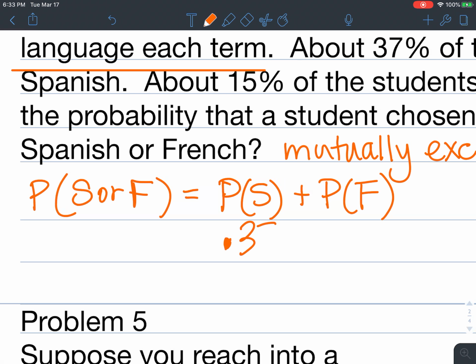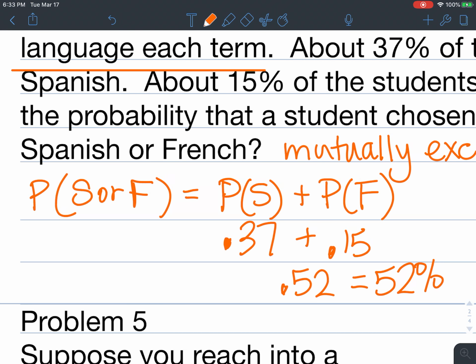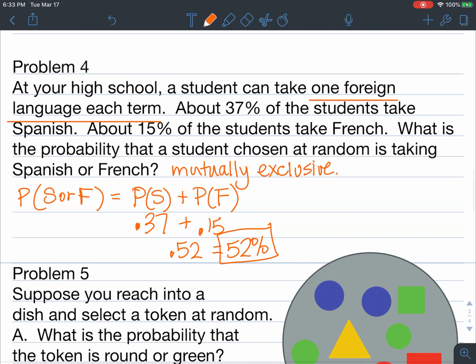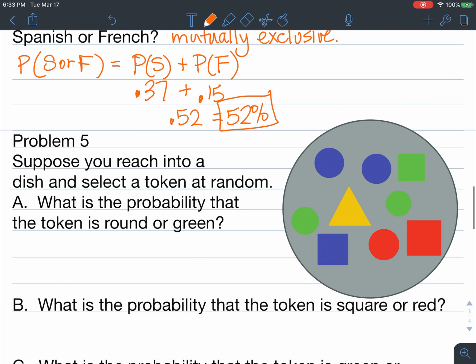Spanish was 37%, French was 15%, so that's a total of 52%. So you have a 52% chance of choosing a kid at random and they're taking Spanish or French.